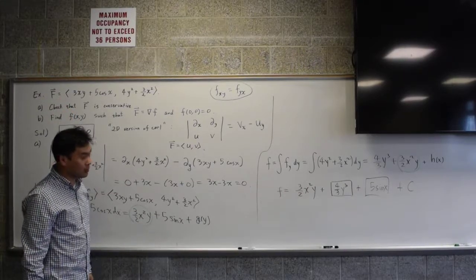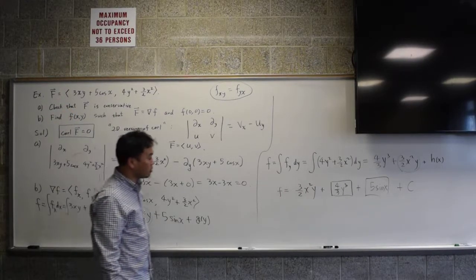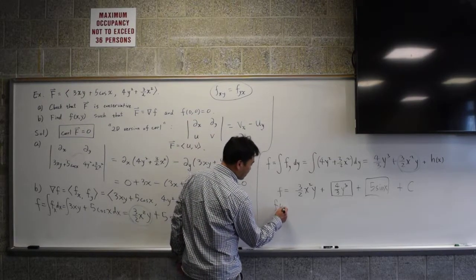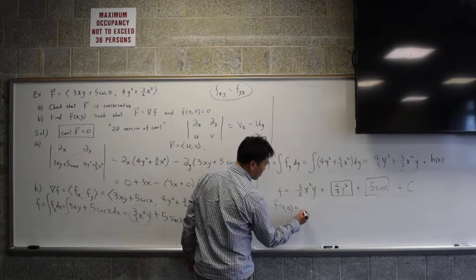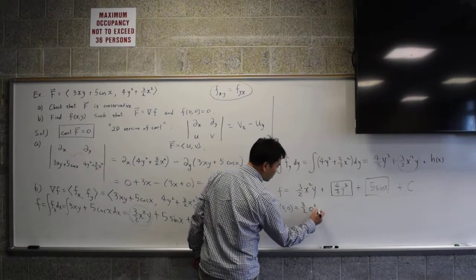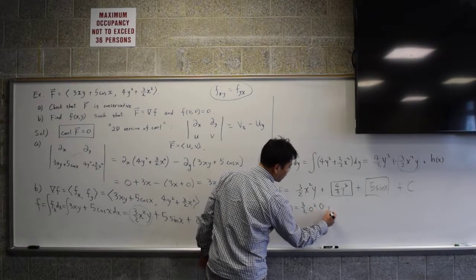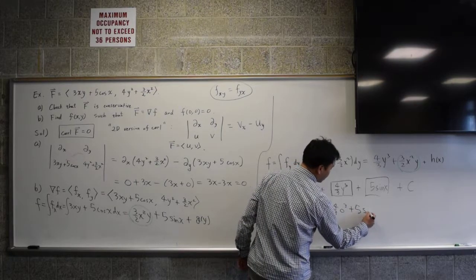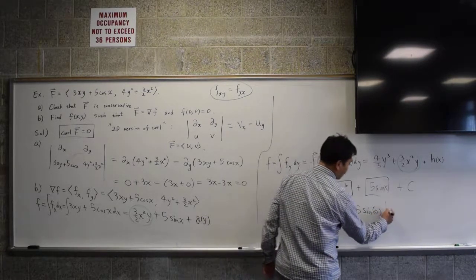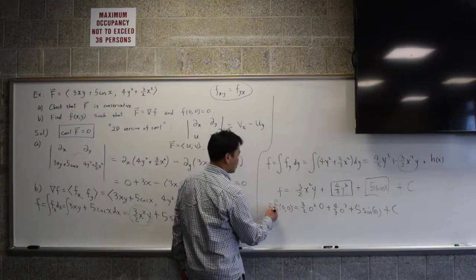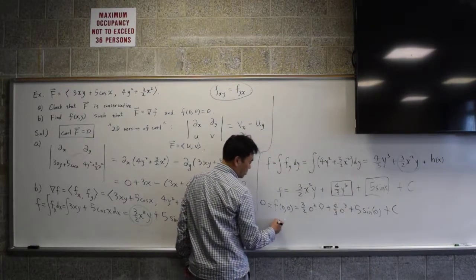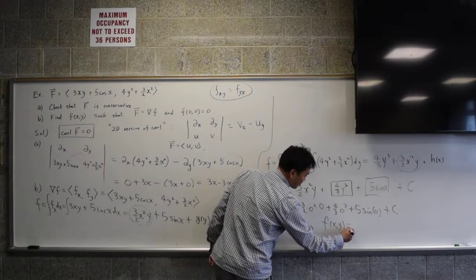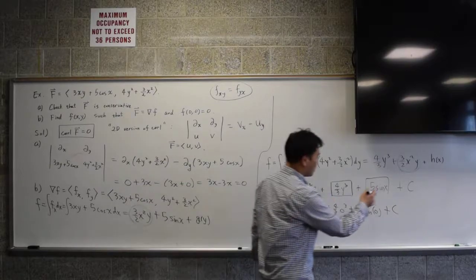Okay? And then finally, just to check that this is true, what's f of 0, 0? According to this description, it's 3 over 2 times 0 squared times 0, plus 4/3 times 0 cubed, plus 5 sine of 0, and plus c. And this has to equal 0, and since everything is 0, you get 0 equal to c. Therefore your f(x, y), the final answer, is this entire thing with c being 0.